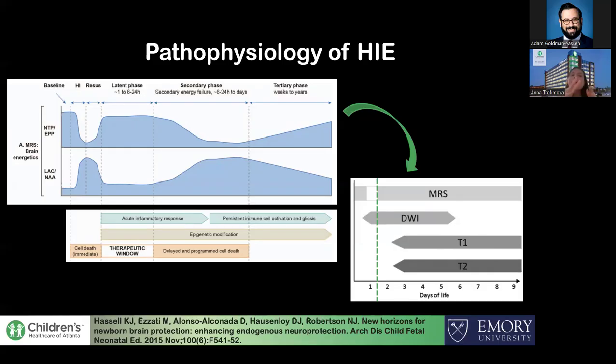At that point, we have a combination of inflammatory processes as well as programmed and unprogrammed cellular death. The window for application of therapeutic hypothermia is usually during this latent phase, with the goal to reduce the processes of the secondary energy failure.